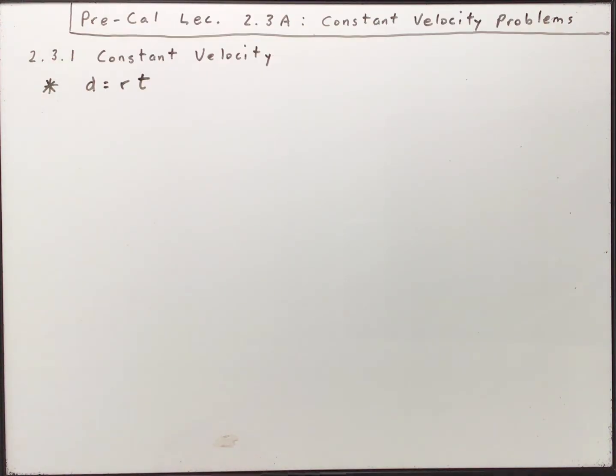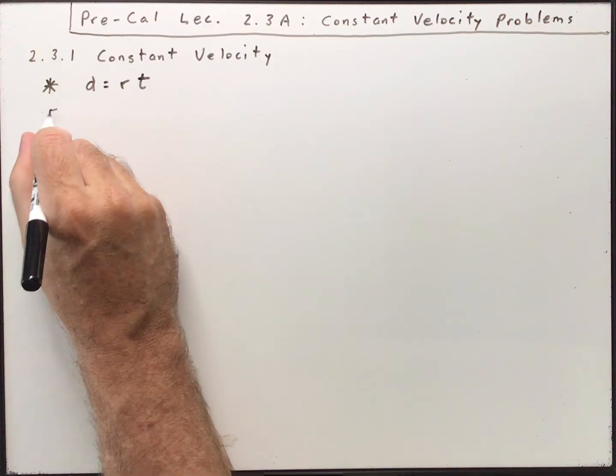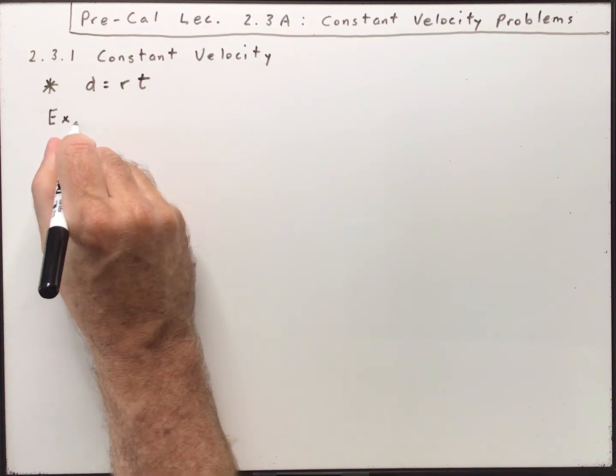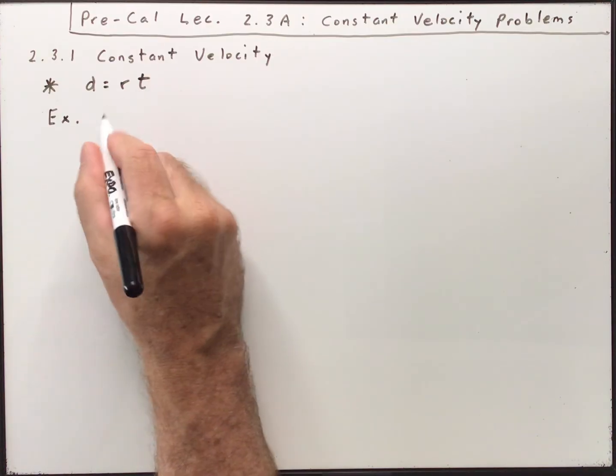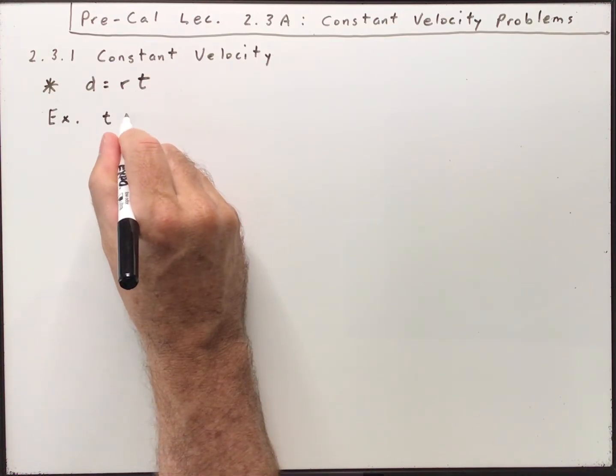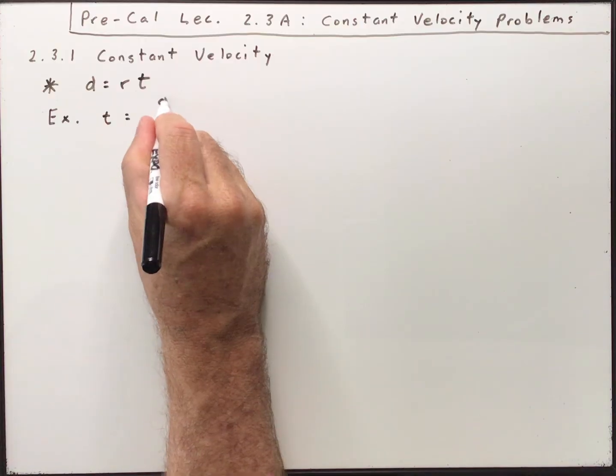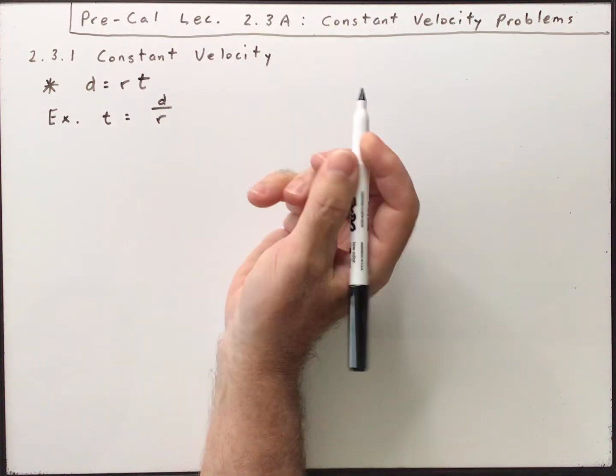Okay, so we can divide this up into each leg of the trip. We want to know how long, so we're solving for t. So t is equal to d over r.